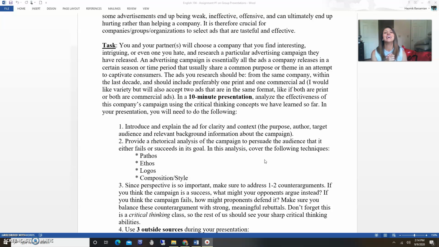So, let me just stop for a moment, and before going over the steps of your presentation, clarify what a campaign is. What's the difference between an advertisement and an advertising campaign? An advertising campaign is a series of ads that a company releases. So if I'm Nike and I release a campaign, let's say in the year 2017, that would include a series of commercial, print, and billboard ads that I'm releasing.